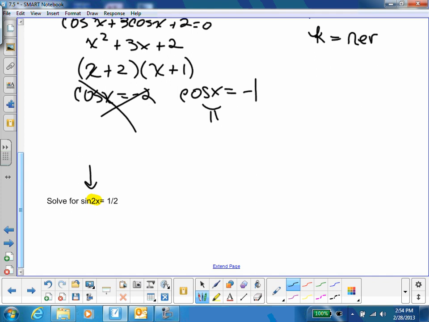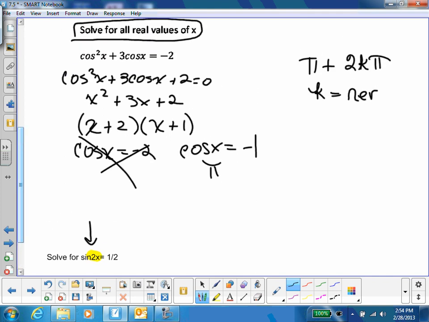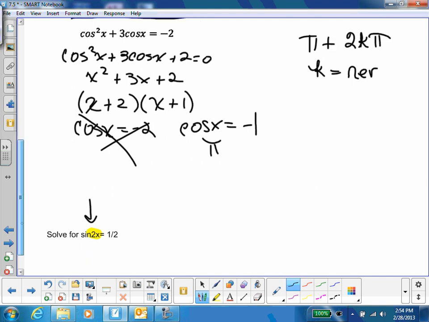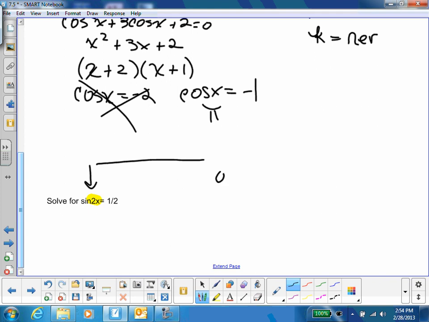So when my thing is 1x, I was always falling between 0 and 360. But now my answers are going to fall between 0 and 720 twice. Okay? So because of the 2x, we are looking at values between 0 and 720. Because we're doing 2 rotations.